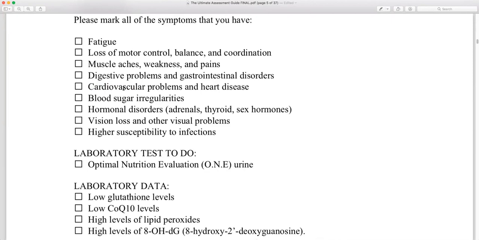But so many of our organs have mitochondria in them. Adrenals, the heart muscle, muscles themselves. So every single one of these things, brain, muscles, is basically referring to the organ that has the mitochondria in it.